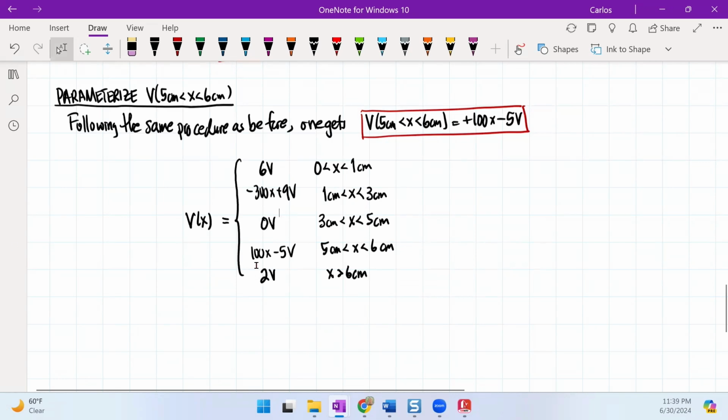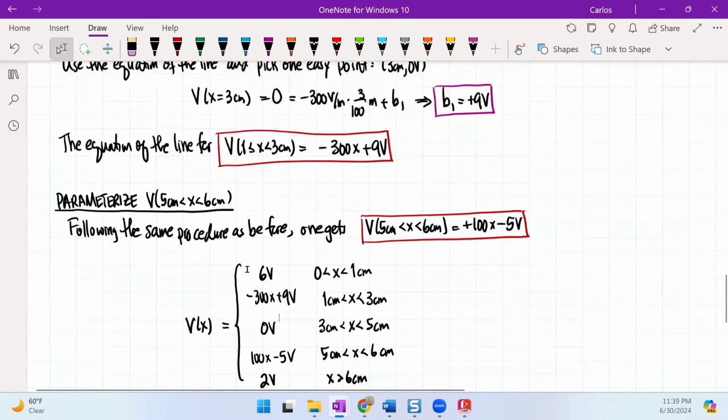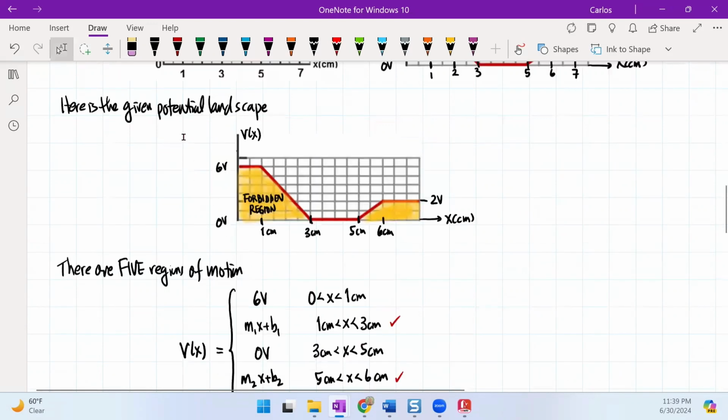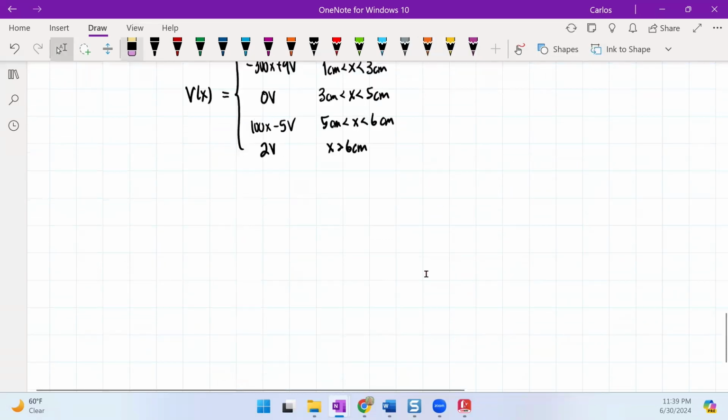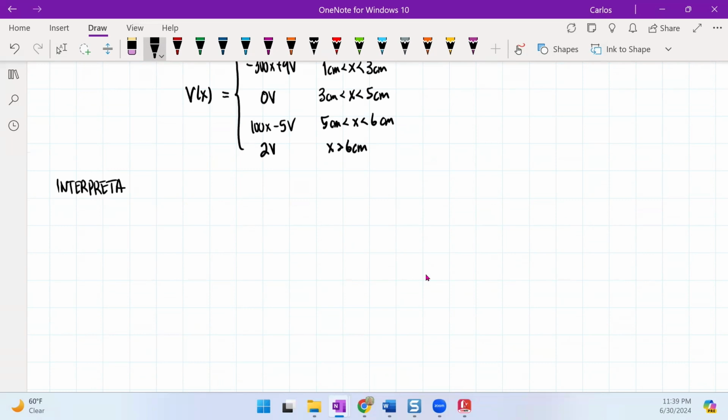So now what we want to do is interpret the motions here. I'm thinking I want to copy this and bring it with me. So here we are. So the interpretation of the possible motions.